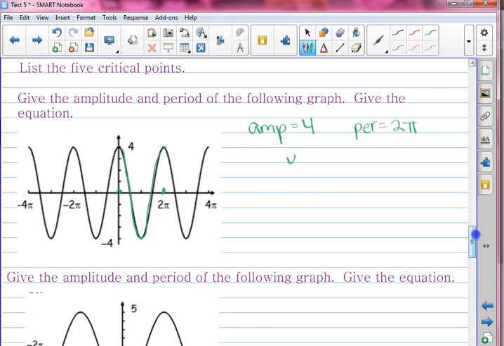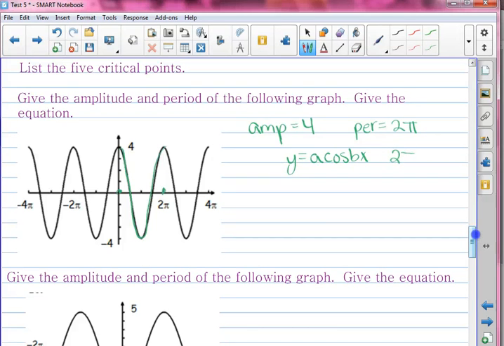Okay, so y equals a cosine of bx, and I need you to fill in the spots. You already know a. A is equal to the number written in front of cosine. A is equal to the amplitude. You've got that. The period is 2 pi over b. You know the period. You don't know b.